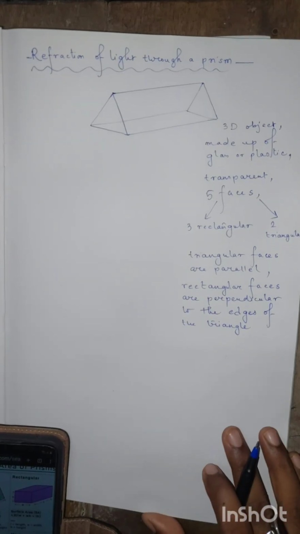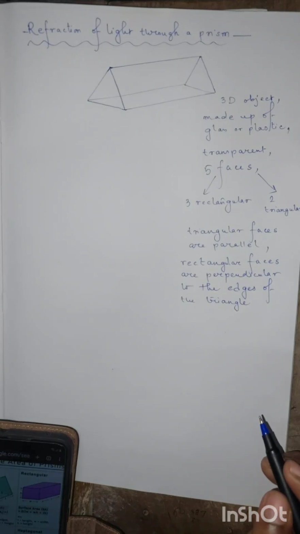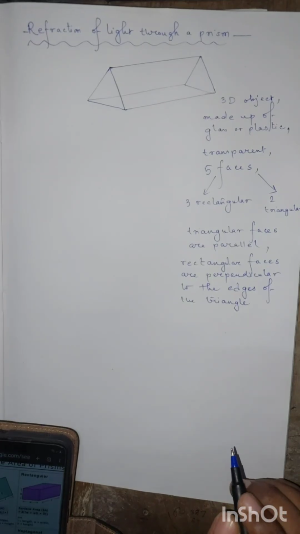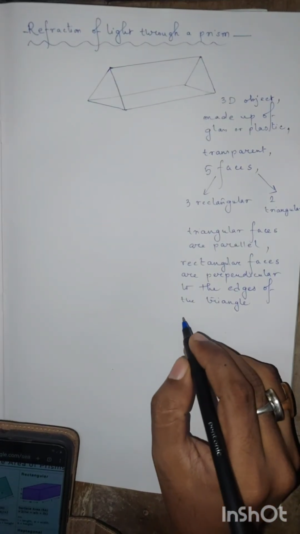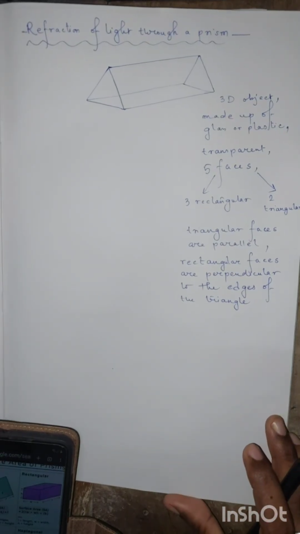One thing I would like to mention, which is not required in this case, but still I am going to mention it. The surface area, this will come in use in mathematics.